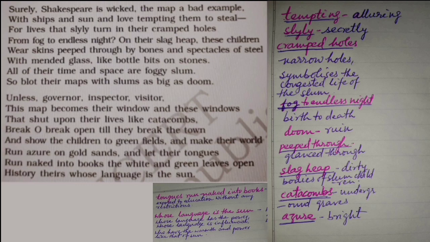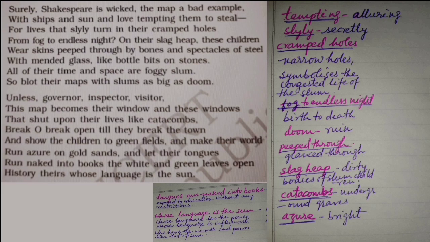The poet in the third stanza seems to be aggressive and rebellious, and he calls Shakespeare wicked and the map a bad example. "With ships and sun and love tempting them to steal."